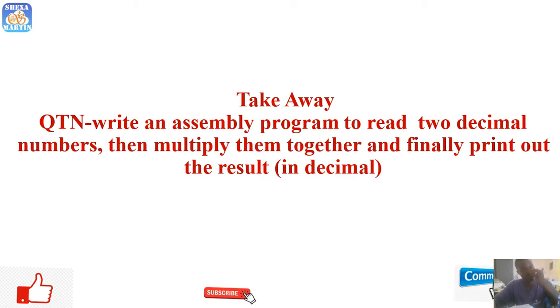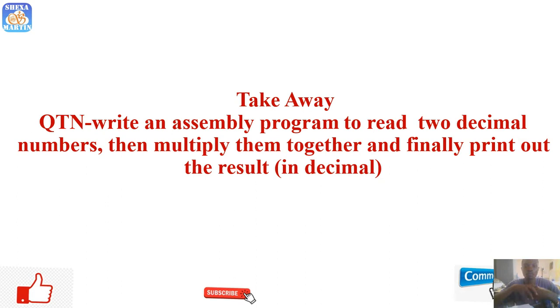Right, let me give you a takeaway. By takeaway, I mean just a homework or practice question. Write an assembly program to read 2 decimal numbers, then multiply them together, and finally print out the result in decimal. Right, let me reread. Write an assembly program to read 2 decimal numbers.